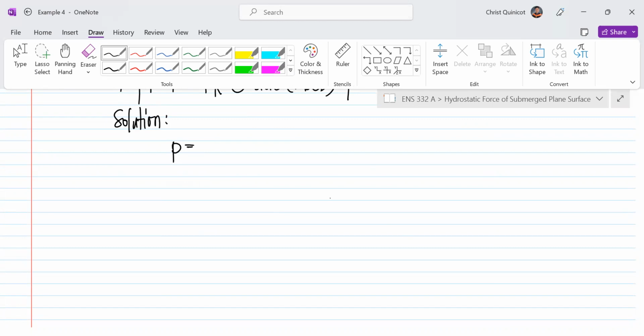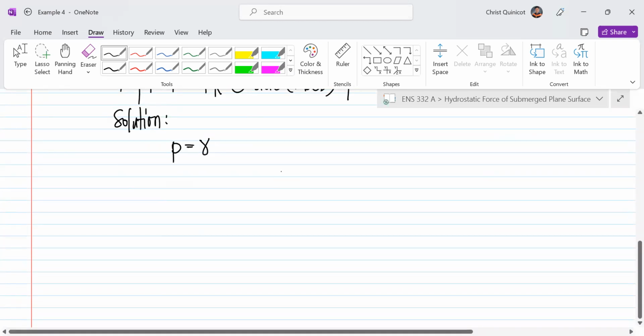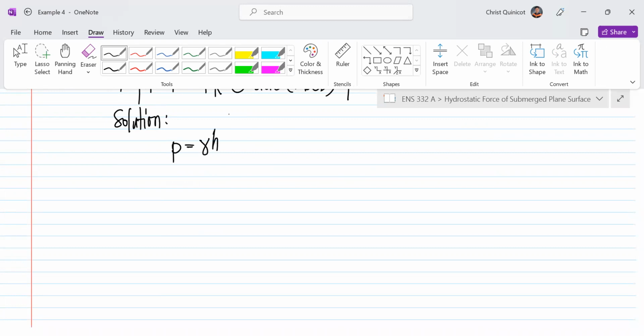Pressure is equal to our specific weight times our height, meaning the amount of pressure that a column of our fluid exerts to our tank or to our object. And this is also equal to density times acceleration due to gravity times our h.